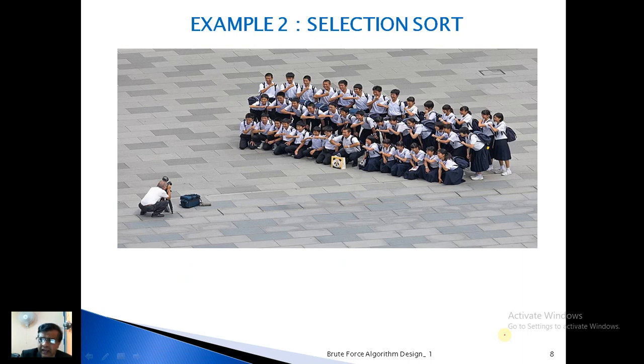Selection sort vaguely mimics group photography. How exactly does the photographer take the group photo? He will select the short people and keep them in the front row.